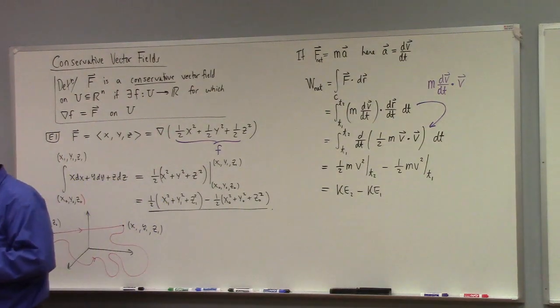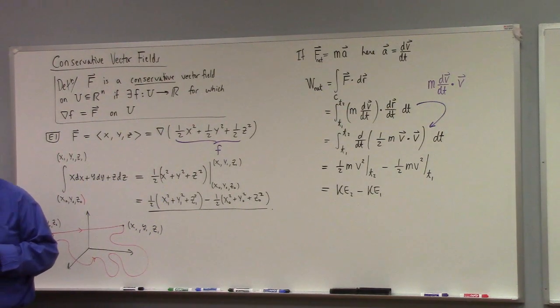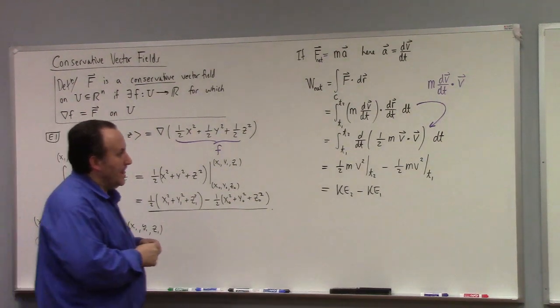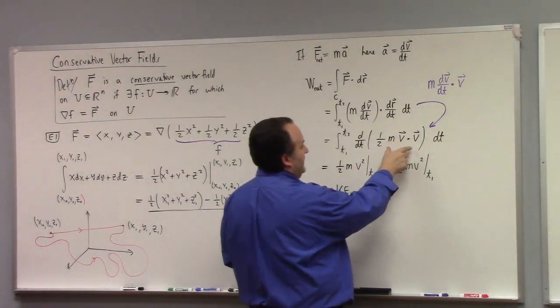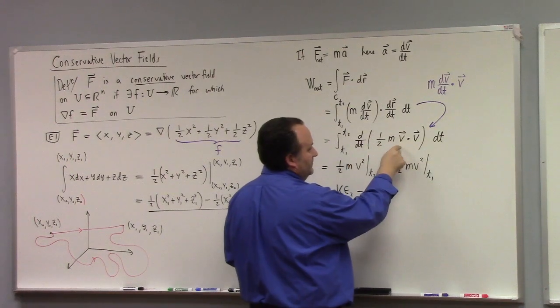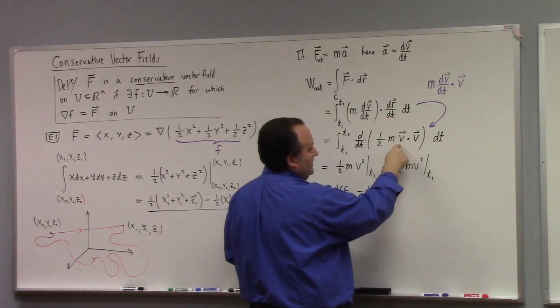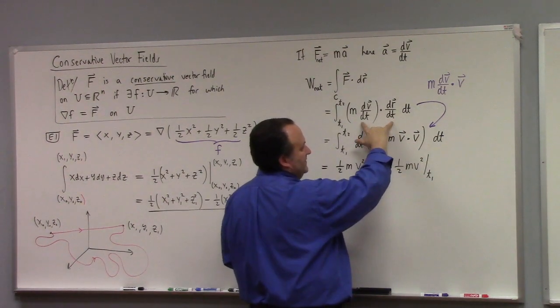Yep. That's v. So if you just calculate the derivative here, we get dv/dt dot v. See, this is v. And then plus v dot dv/dt, which is again this because it commutes.